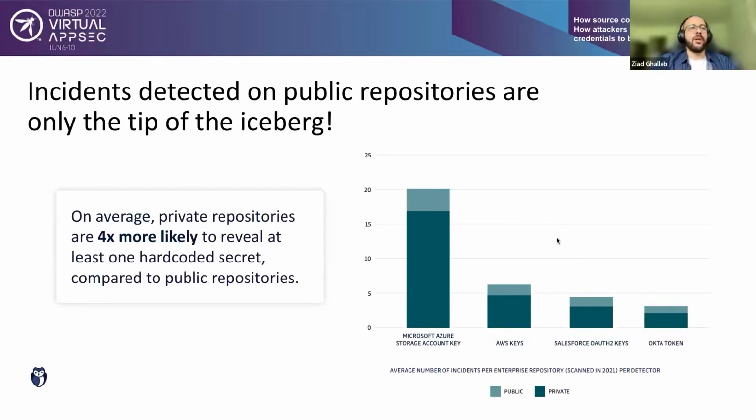As you can see here, with the Microsoft storage account keys, AWS keys, Salesforce or Okta tokens, most of the hard-coded secrets happen in private repositories. The reason we think this is happening is that private repositories give developers a false sense of secrecy or privacy. Our intuition is that this sense permeates, causing even more leaks to occur internally. And this reveals the magnitude of secret sprawl in organizations.